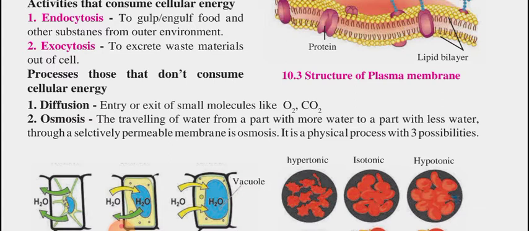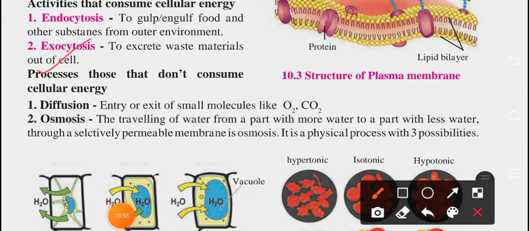Okay, next is exocytosis. Exocytosis means excretion, to excrete waste materials out of the cell. Obviously in our body there is waste material which exits from the anus. But with the cell also, in the plasma membrane also, there is excretion of waste material, and that excretion we call exocytosis.